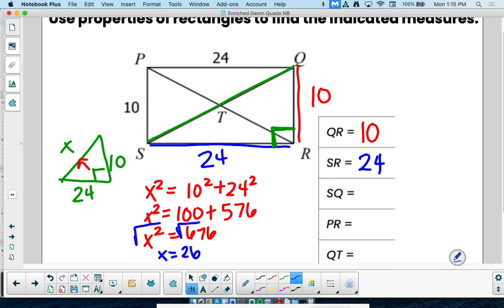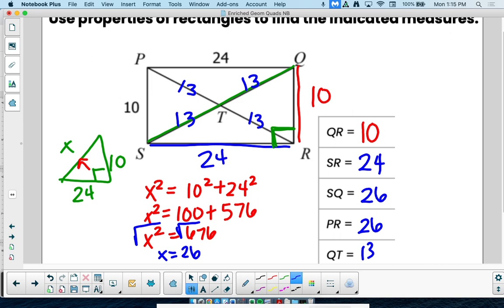You were pretty close. You want to know how I got 14? What would PR be? 26, because they're the same. And QT? 13. I would put 13 in all these, just so you have it on one of your examples, that they're all the same in there. Just a good reminder for yourself that all those lengths in there are the same.